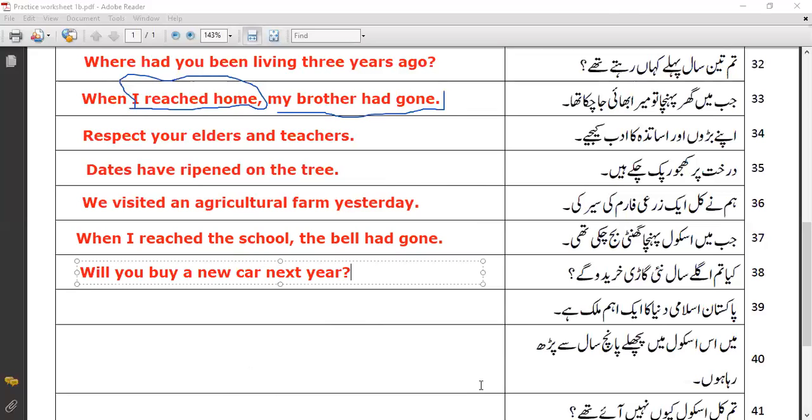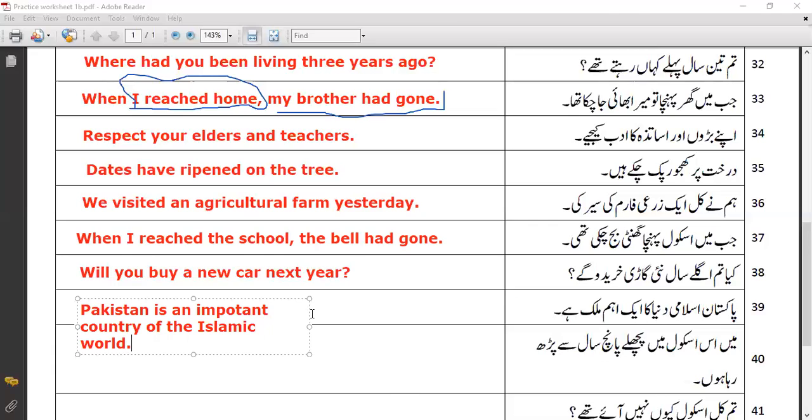पाकिस्तान इस्लामी दुनिया का एक अहम मुल्क है. Okay, Pakistan. Now it's a kind of a statement where you simply write this: Pakistan is an important country of the Islamic world.